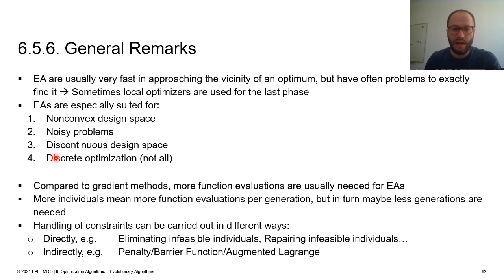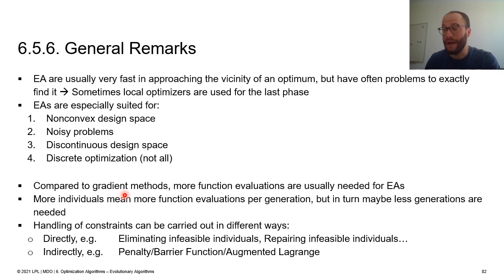Also, discontinuous design spaces are not a problem, and especially the genetic algorithm is suited for discrete optimization problems where the design variables can only take values like 1, 2, 3, and so on. But this doesn't hold for all evolutionary algorithms. In general, compared to gradient methods, you need more function evaluations.